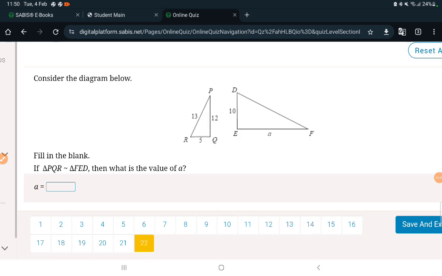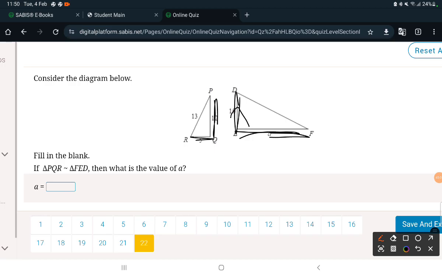Alright, if PQR is similar to FED, then what is the value of A? Okay, again here you could just rearrange the triangle to make it look alike. So we have the base over here looks like this base. This looks like this. Yeah.